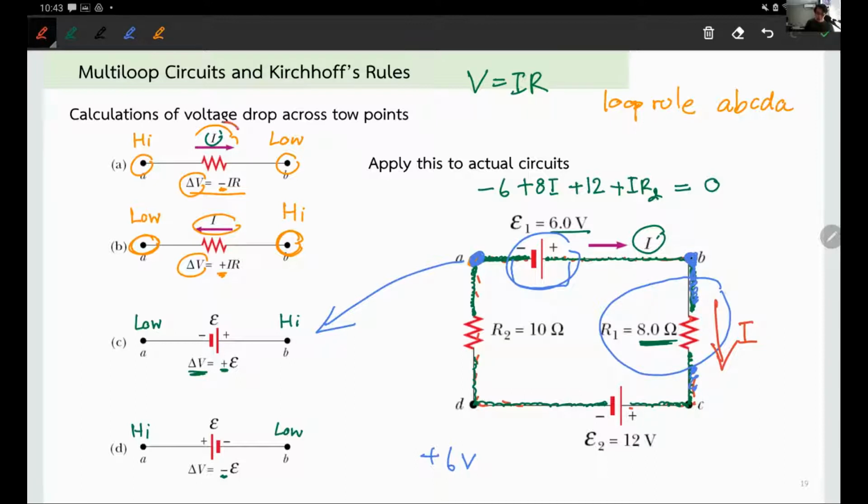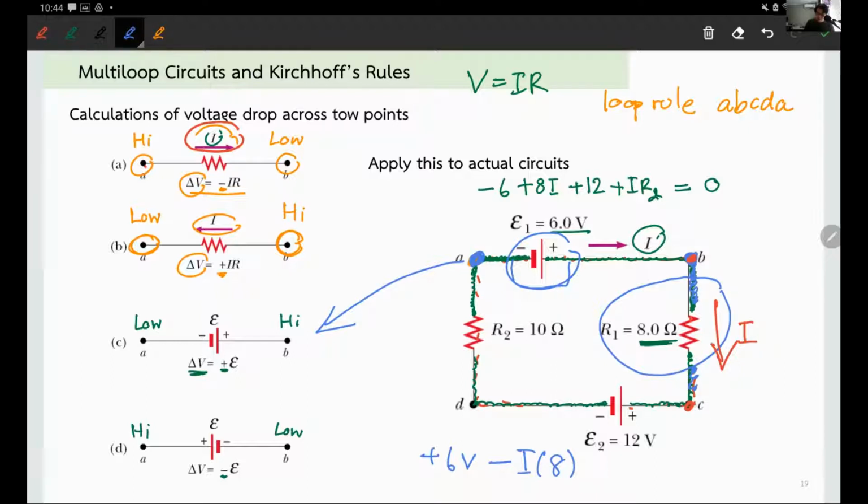Because the current flows from the initial point to the final point. Here, my initial point is B, I'm moving to point C, and my current flows from B to C. So the potential across this one is going to be, according to figure A, negative I times R. With me, guys? Okay, keep going.